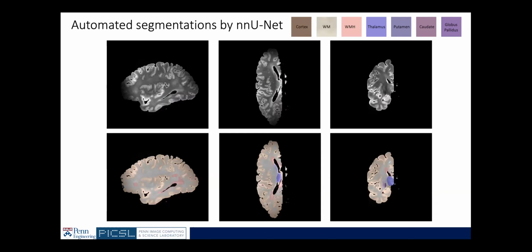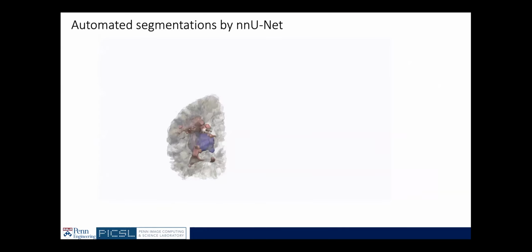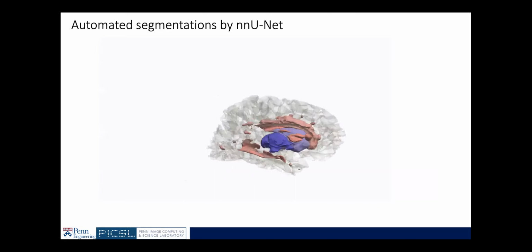Here are the automated segmentations for the 7 different structures. The key takeaway again from nnU-Net is that with just limited manual segmentations, like 3-4 subjects of manual ground truth labels, you can generalize to a whole lot of the cohort that you have. This is just a 3D rendering.